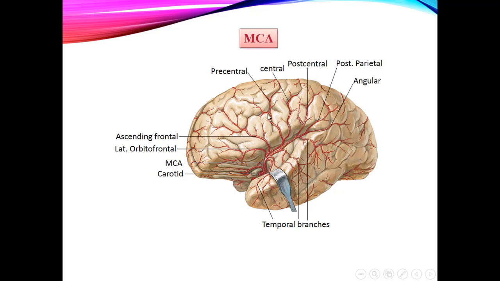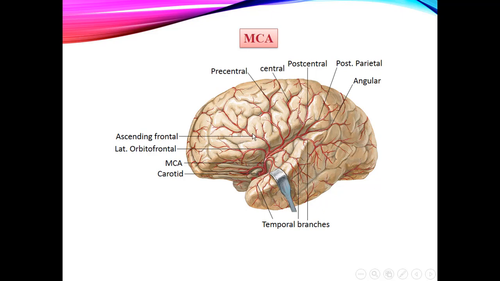This branch is the precentral branch because it's located in the precentral sulcus. Post-central branch or post-Rolandic branch because it's located in the post-central sulcus. And these branches are called the temporal branches because they supply the temporal lobe.